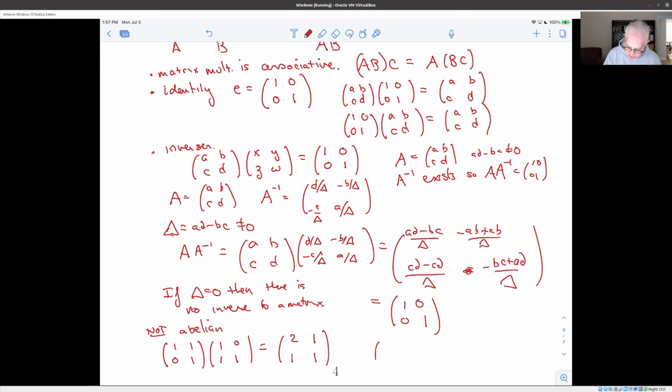Whereas if you multiply them in the other order, you get 1, 1, 1, 2. And so you see these two things are not equal. And so this collection of matrices with non-zero determinant is a group, but a non-commutative group, a non-abelian group.